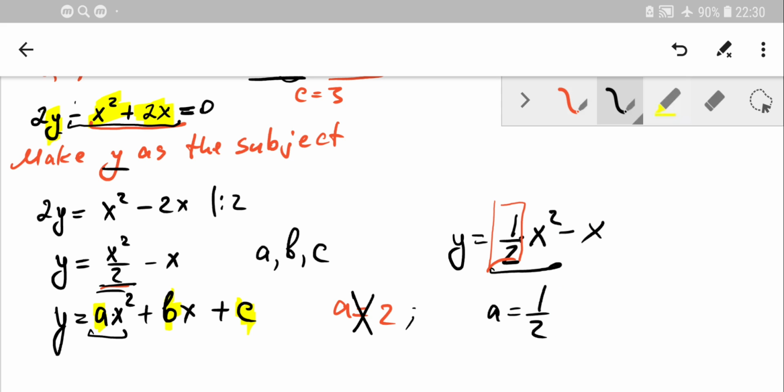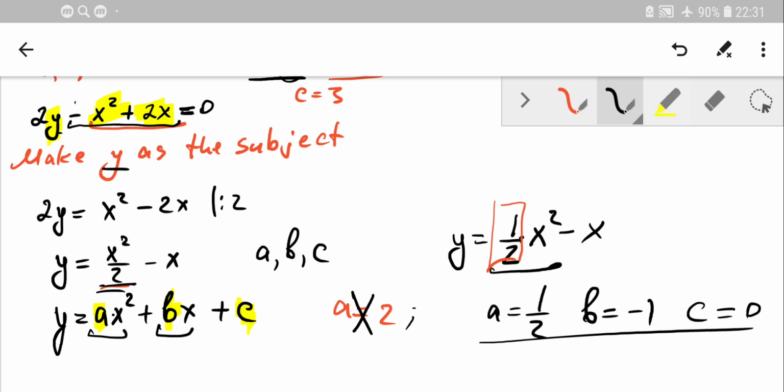What about b? The next term is bx, so b is -1. And what about c? c is just absent, so c is 0, right? I hope you understand that. If not, try once more to make sure you do it correctly.